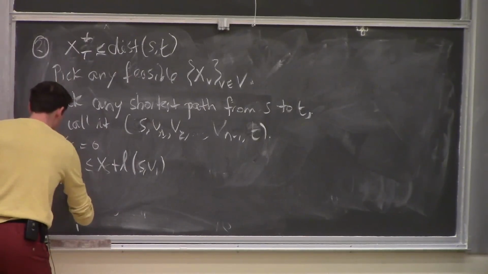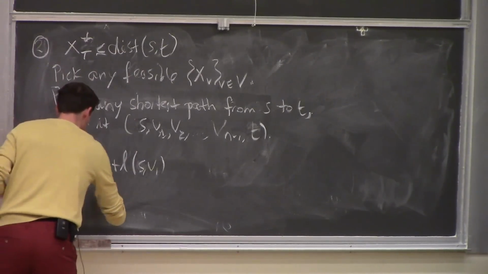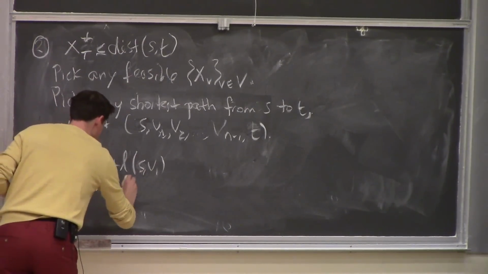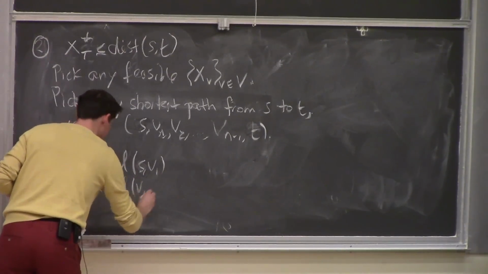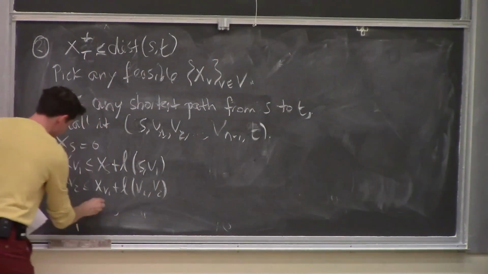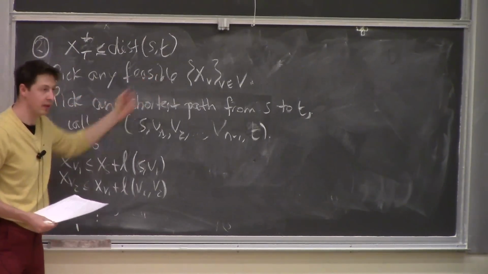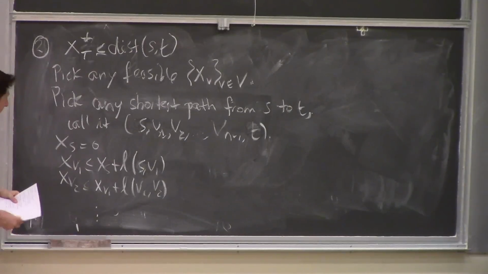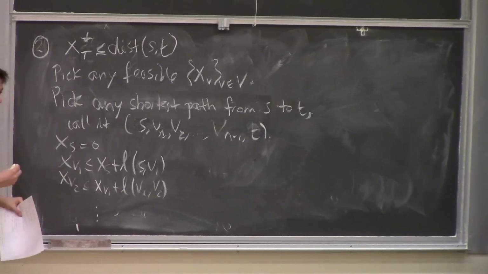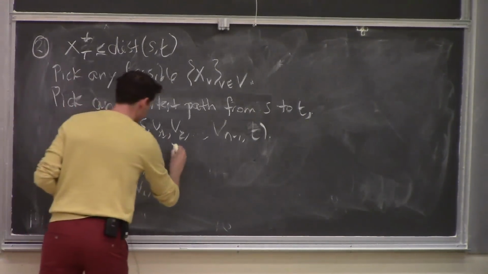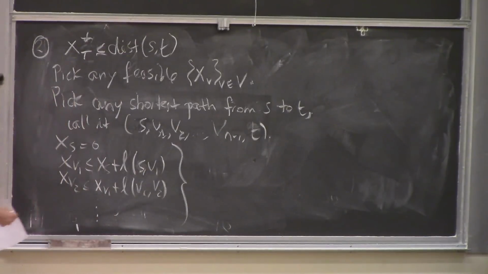I also know that xv2 is at most xv1 plus l from v1 to v2, right? And right? So I can write all of these inequalities for the feasible solution xv. Let's add all of them up. All of them, okay? So we add all of them up.